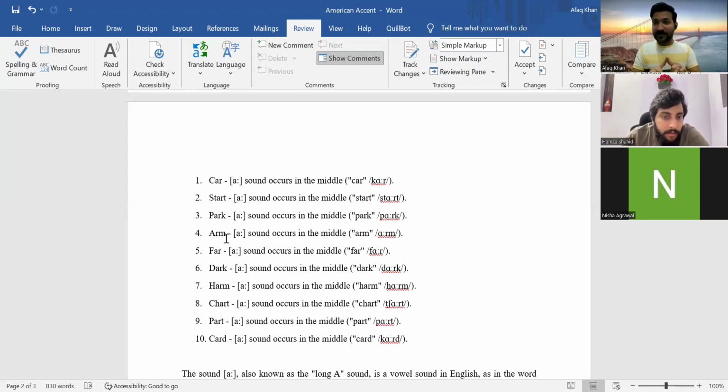But in American English, as I've already told you guys, what do we do? We say this word, because American English is rhotic and British English is non-rhotic. At the end of any word, when there is the letter R or the sound R, the British don't say it.